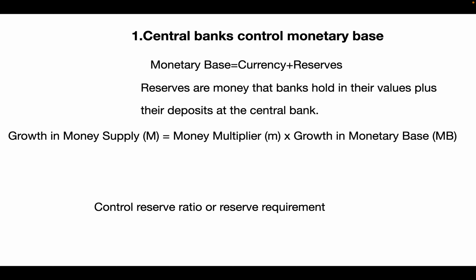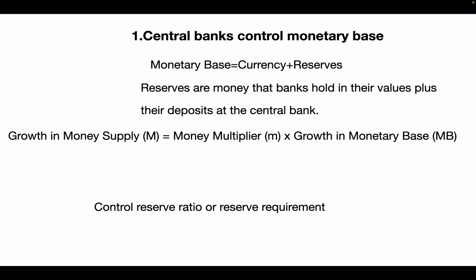So the first approach is that the central bank controls the monetary base. Here's a formula for that. The monetary base equals currency plus reserves. The reserves are the money that banks hold in their vaults plus their deposits at the central bank.